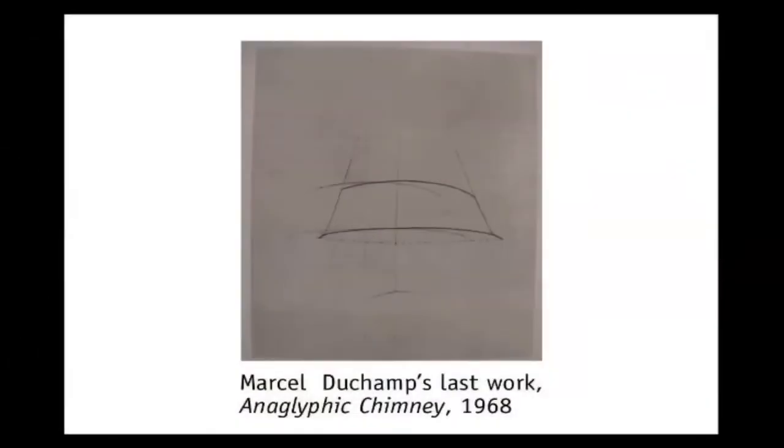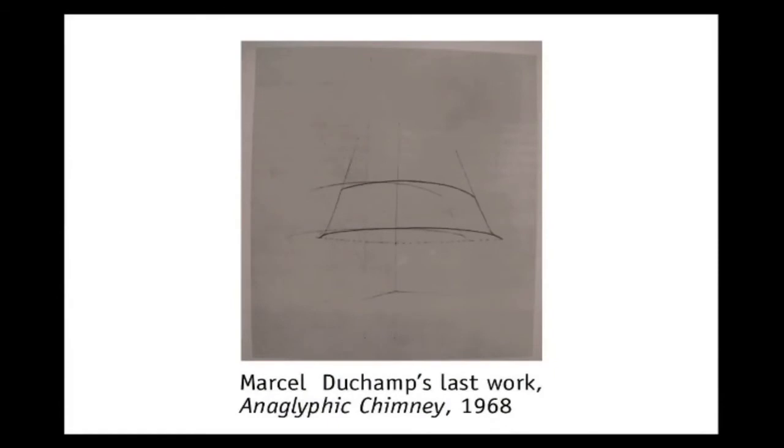So using hand drawing, which we very often associate with doing something on two-dimensional surfaces and basically just appealing to so-called one-eyed vision, but using it as a vehicle for stereoscopy in this particular piece. And I will come back to that piece in a moment.